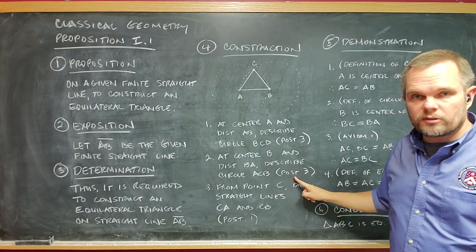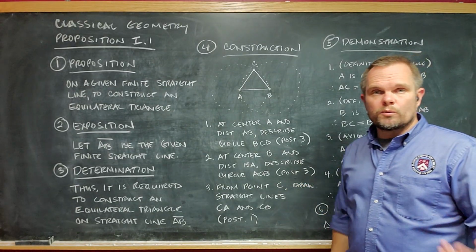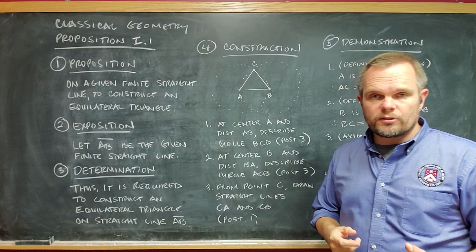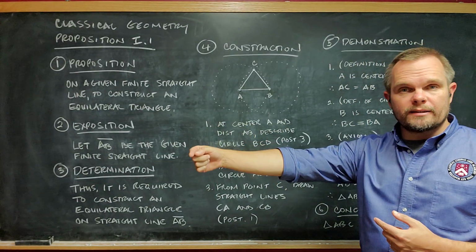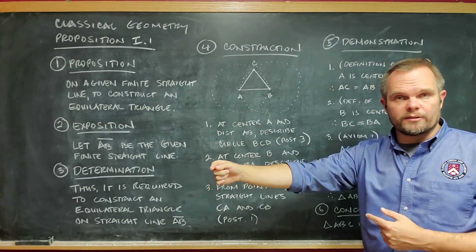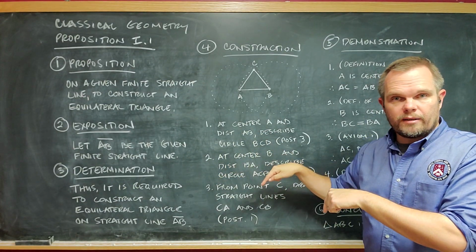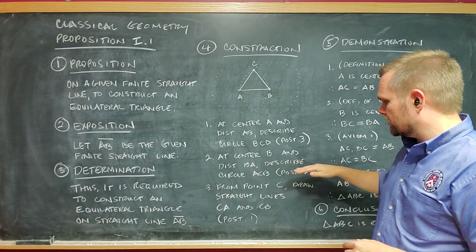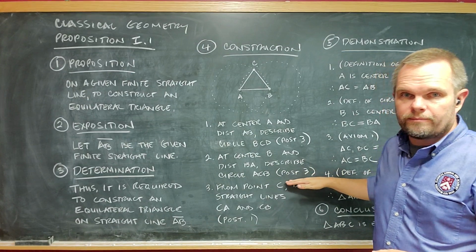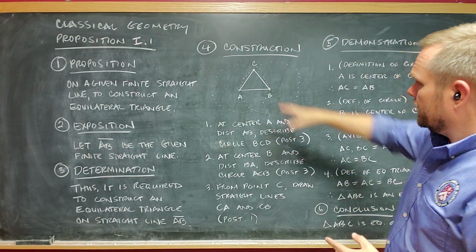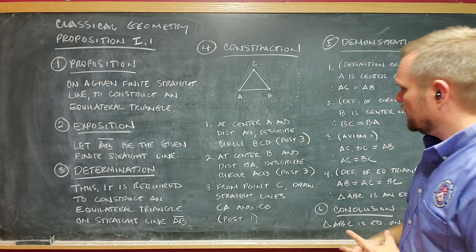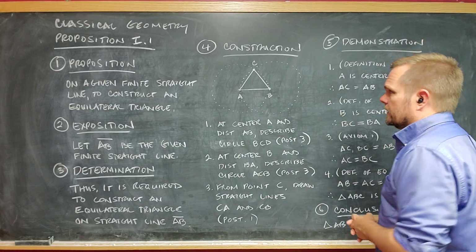If given two points, we can use one point as the center of a circle and the other point as a distance to its circumference, and describe a circle around that center point. That's Postulate 3.